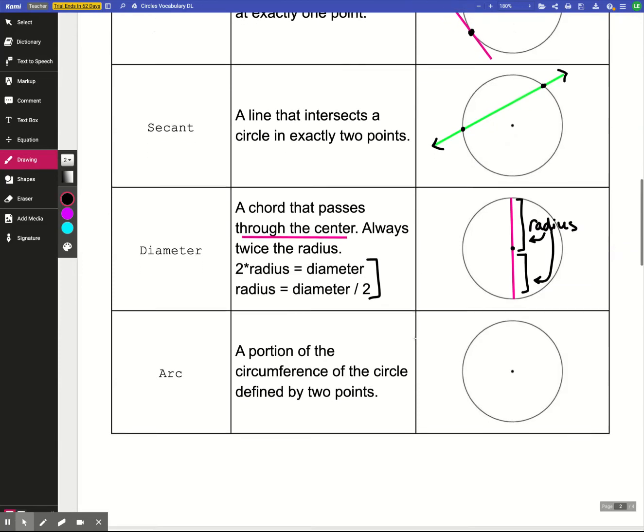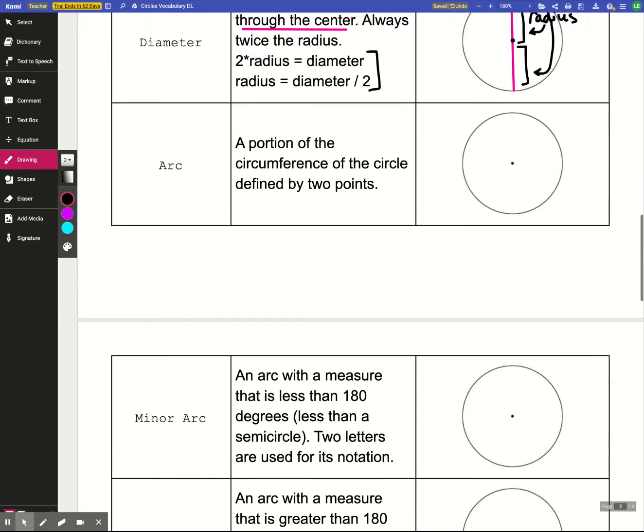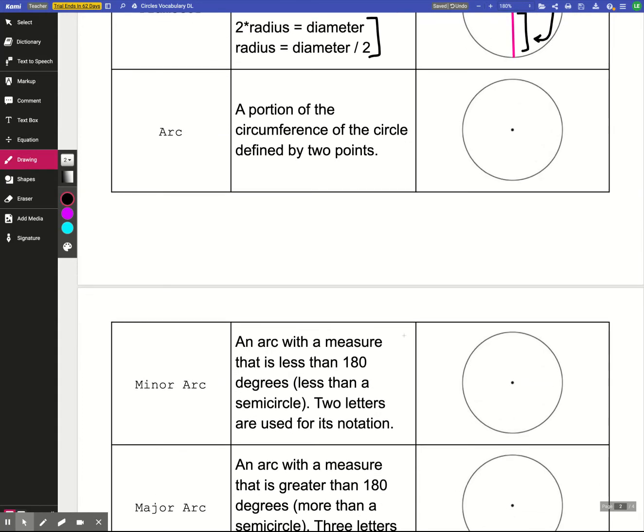All right. The last page and a half or so here is all about the arcs of a circle, which is what happens on the circumference of a circle, rather than segments that may show up inside.